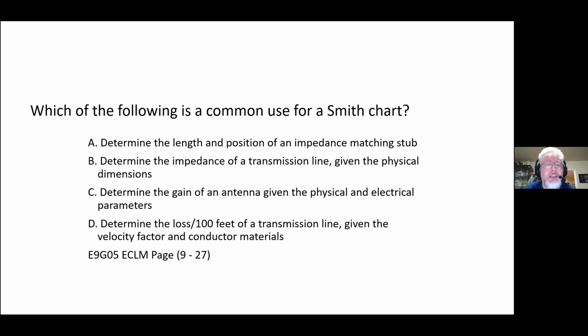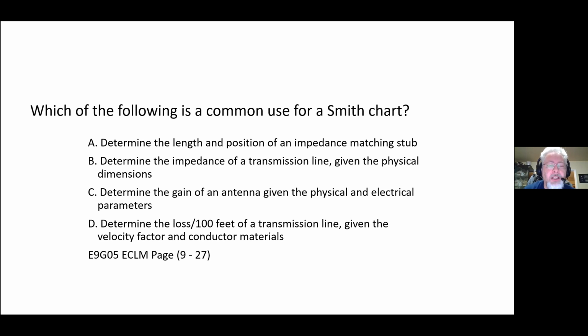Which of the following is a common use for a Smith chart? A, determine the length and position of an impedance matching stub. B, determine the impedance of a transmission line given the physical dimensions.